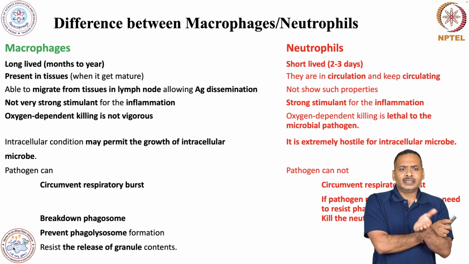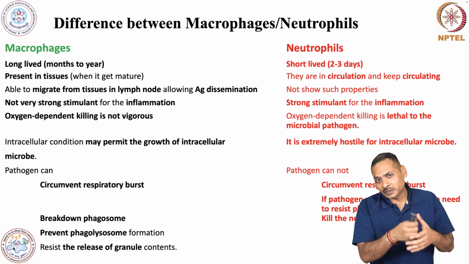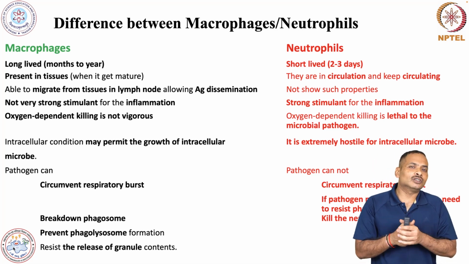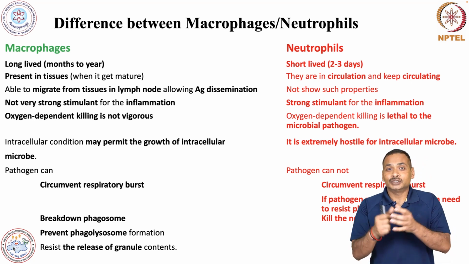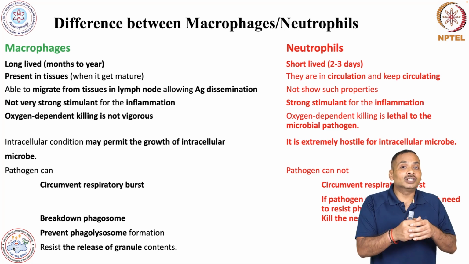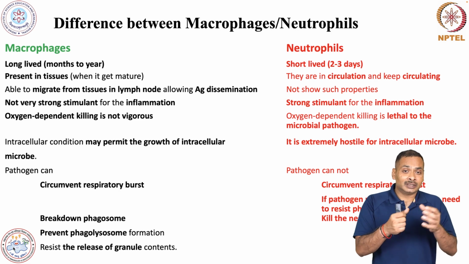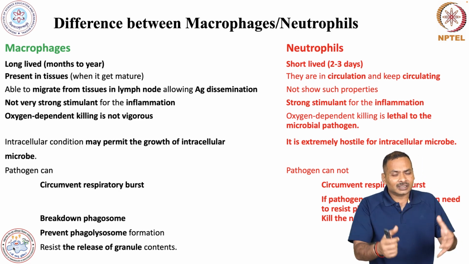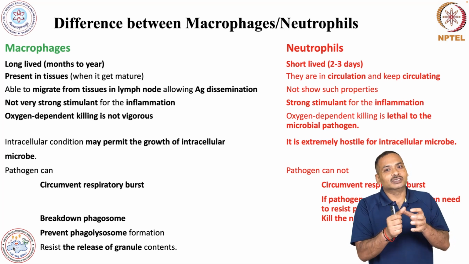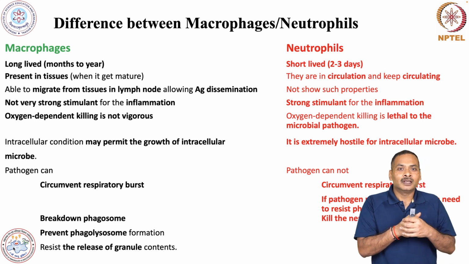In macrophages, the microbe can produce molecules which prevent the fusion of phagosome and lysosome. You can understand that this fusion is very important in order to clear the intracellular pathogen. Since the condition in macrophages is a little amicable to the microbe, it can prevent this fusion and prevent the addition of hydrolytic enzymes, and in that way escape.